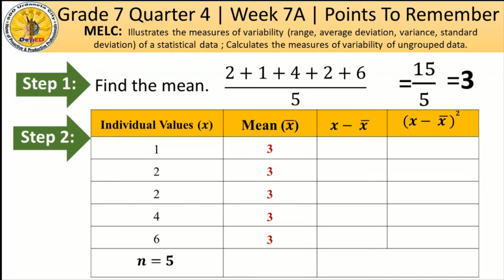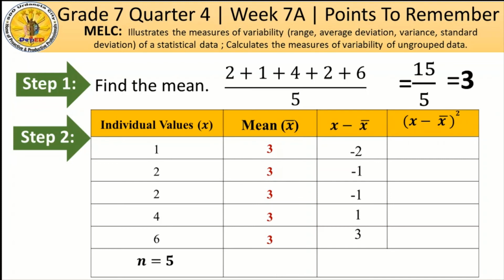Next, let us find the difference of each individual value and the mean for the third column. So, 1 minus 3 is negative 2, 2 minus 3 is negative 1, 4 minus 3 is 1, and 6 minus 3 is 3. From here, let us square the value of the third column and write it on our fourth column.